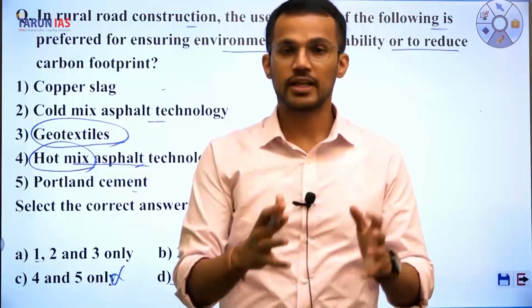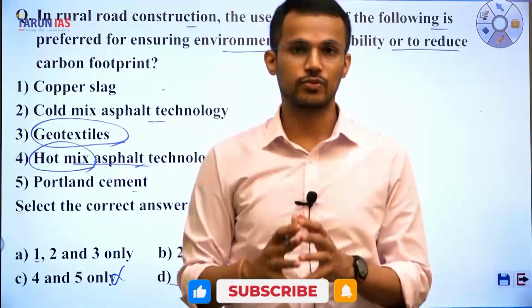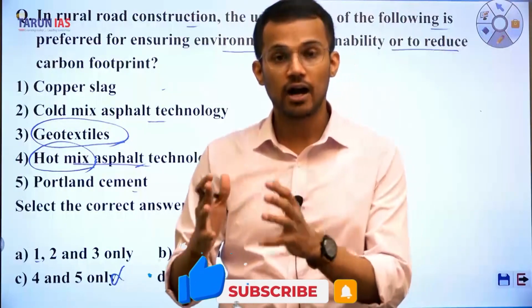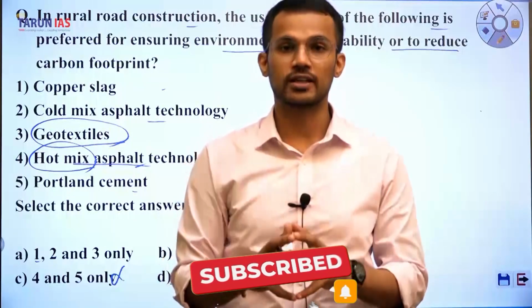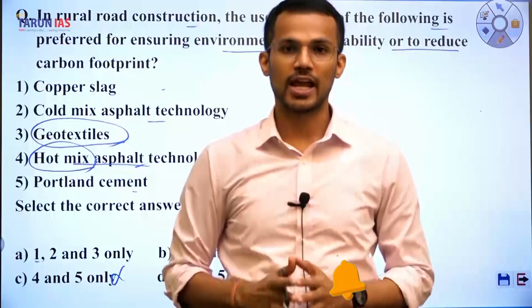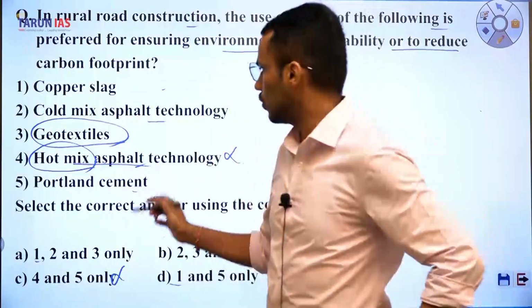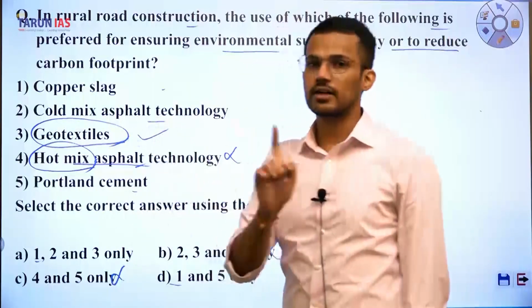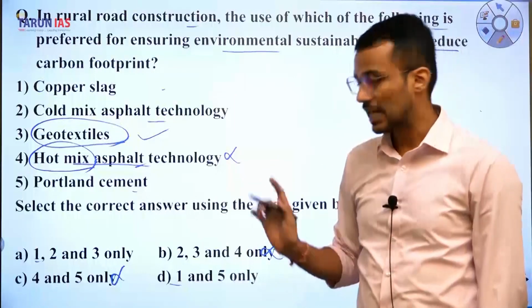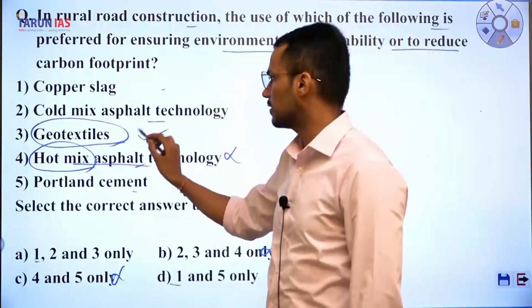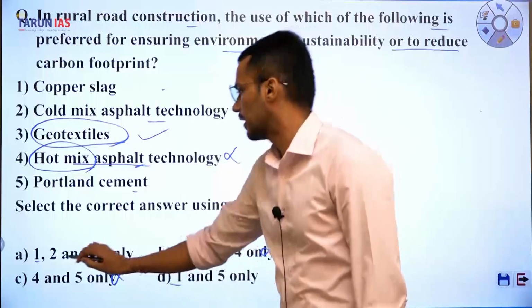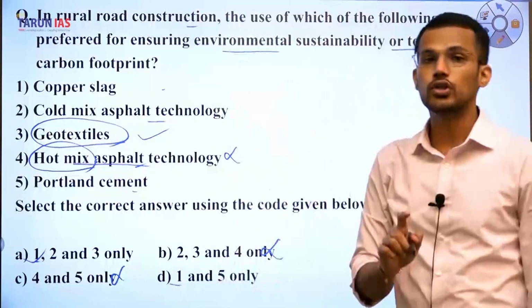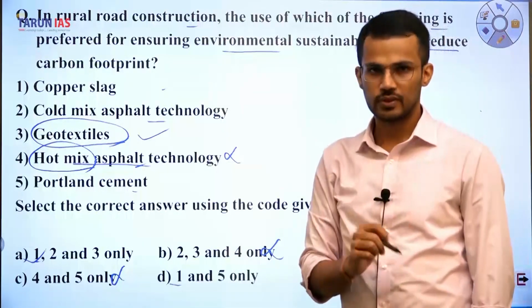That means they are produced with natural activities, and they are allowed to be used in road construction activities, and hence geotextile should be there in your answer. And that's why the third statement should be there, and hence the answer is 1, 2 and 3, right?